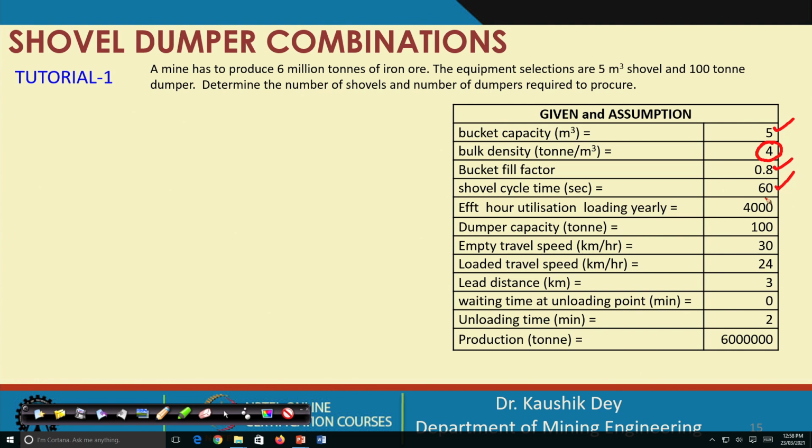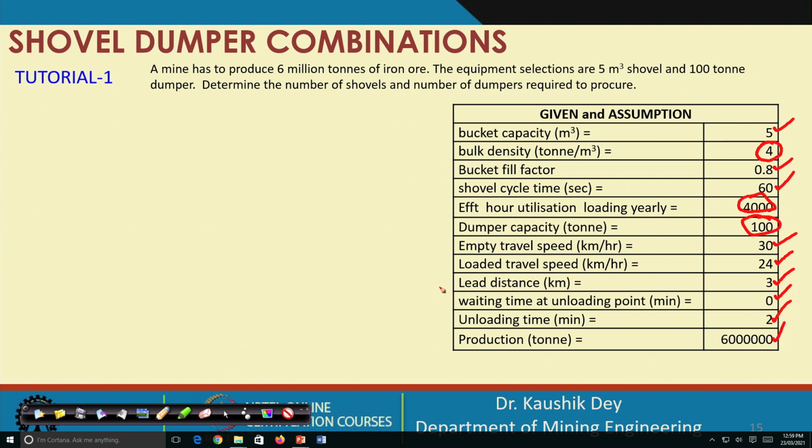We are considering the effective utilized hours for loading as 4000. Dumper capacity is 100 ton. The empty travel speed we have considered 30, loaded travel speed 24, lead distance 3, waiting time is 0, dumping time is 2, and the production target is this.